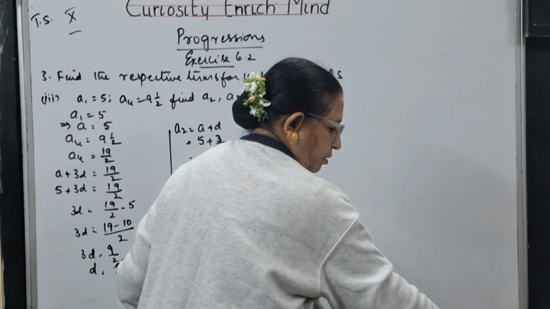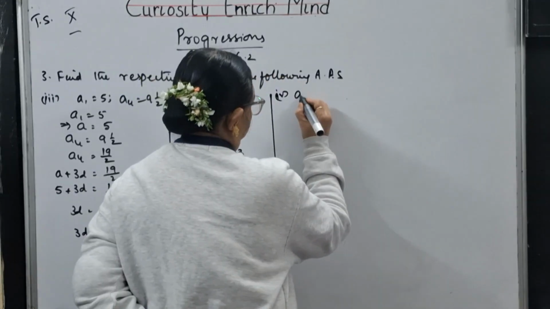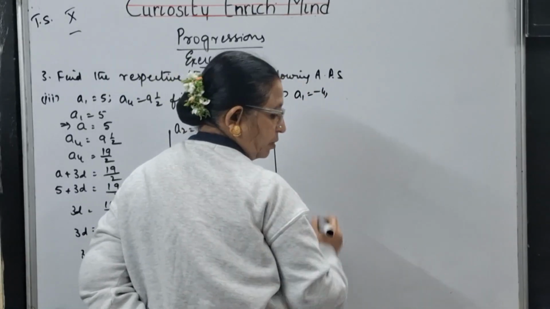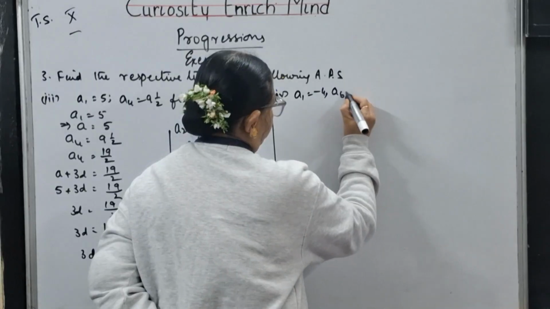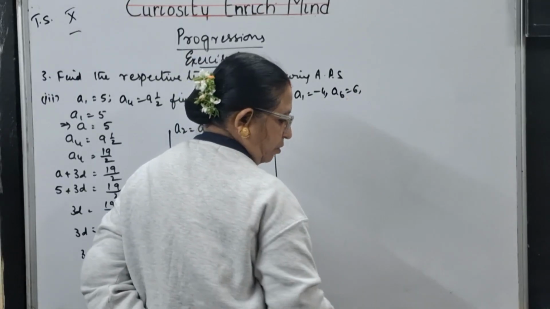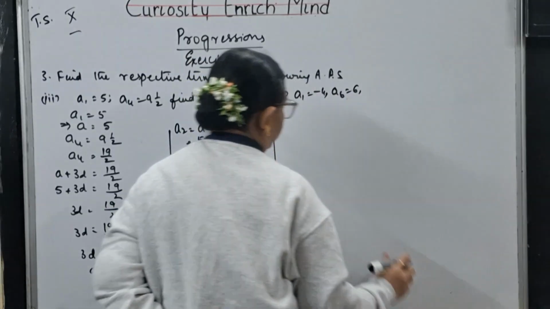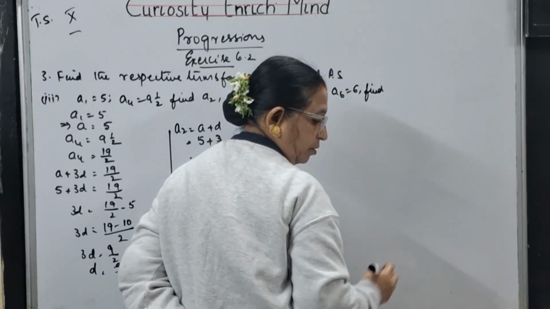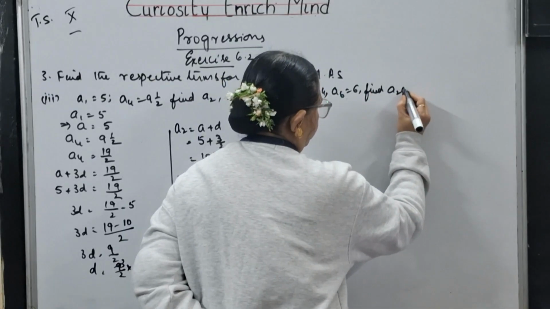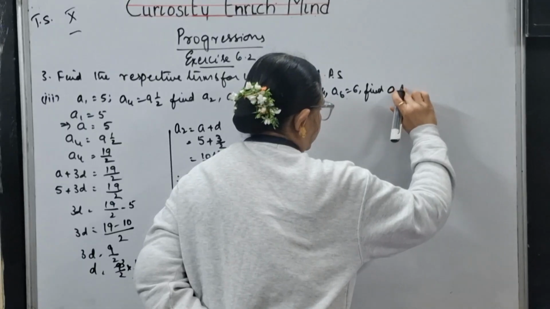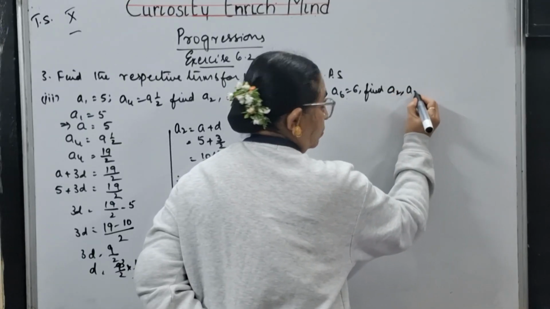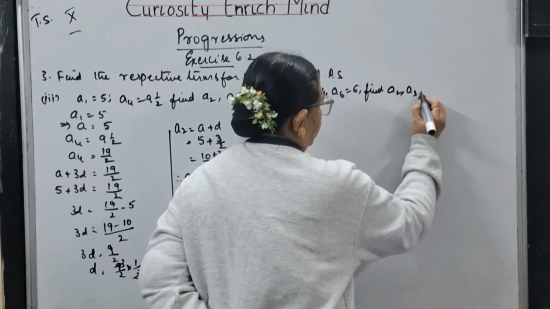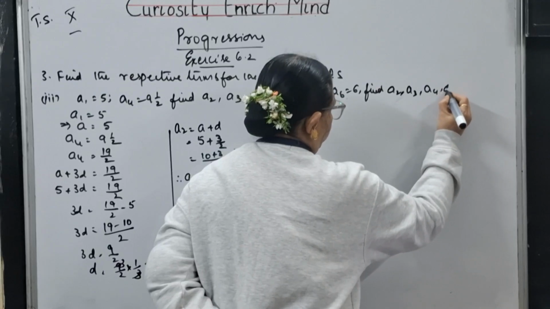Now, fourth bit. A1 is minus 4, A6 is 6. You have to find A2, A3, A4, A5.